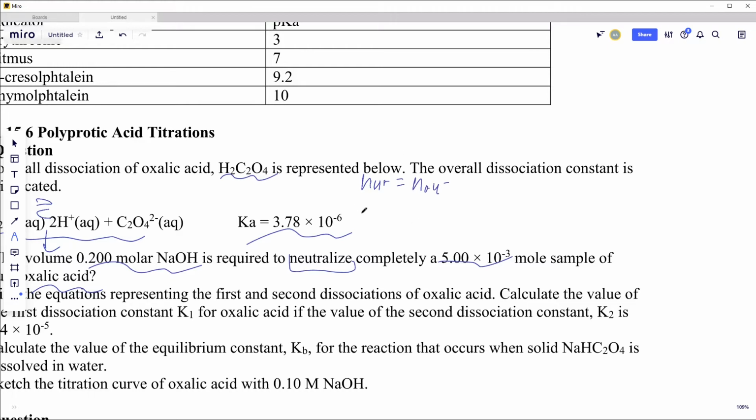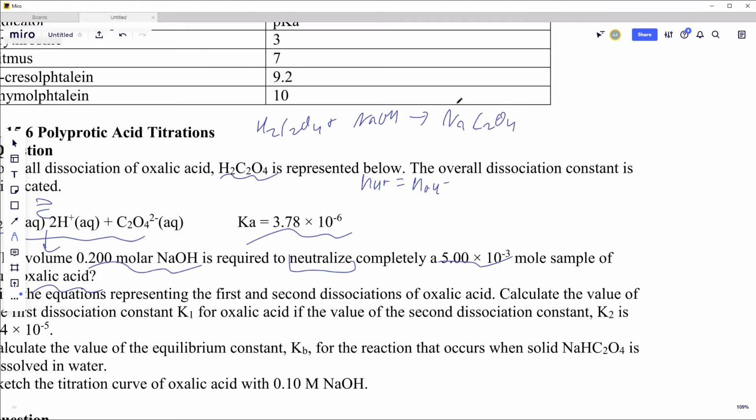However, to say the same thing for the acid and the base, you have to make sure of the stoichiometry. So let's write the equation. H2C2O4 reacts with the base NaOH. Single arrow, because here we have a strong base, to give Na2C2O4 plus H2O.